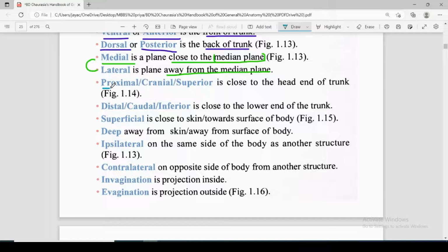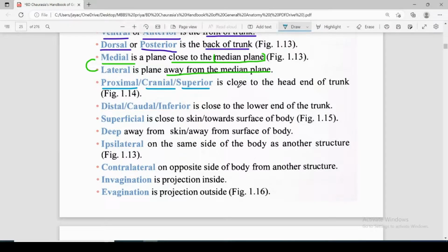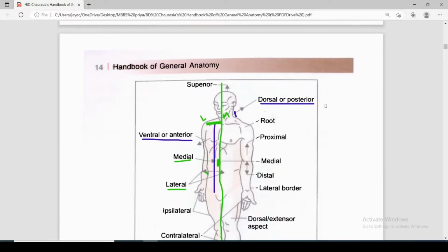Next is the proximal, cranial or superior. We can say it as what? Proximal, cranial or superior. It is close to the head end of the trunk. So the head end of the body, we call proximal.